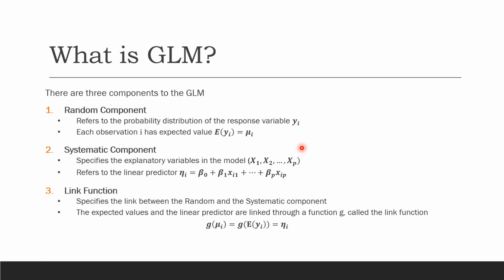The third component is something called the link function, which defines the link between the response variable yi and the linear predictor, this expression over here. In other words, it explains how the expected value of the response variable is related with the linear predictor of the explanatory variables.